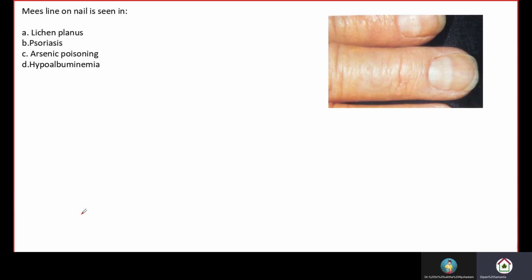Next, Mees lines. We have already studied this today, Mees lines on nail, under nail involvement. Mees lines on nail are seen in lichen planus, psoriasis, arsenic poisoning, hypoalbuminemia.